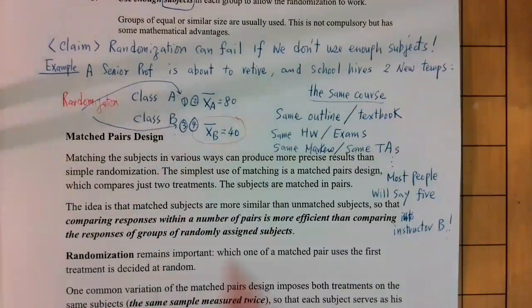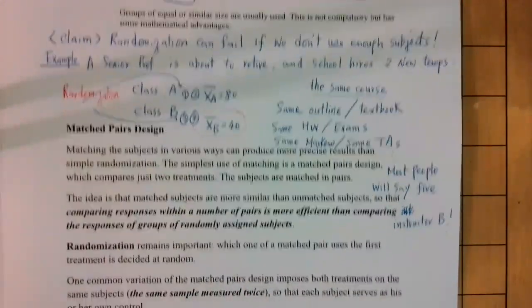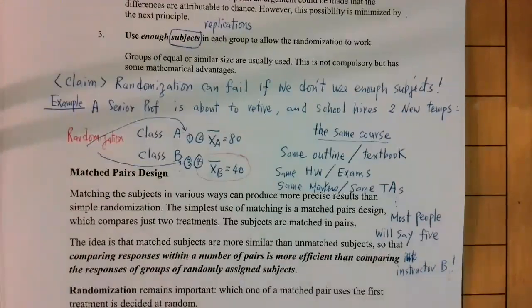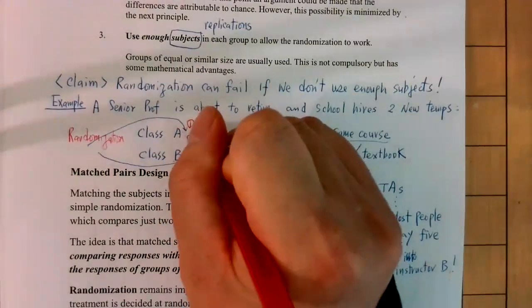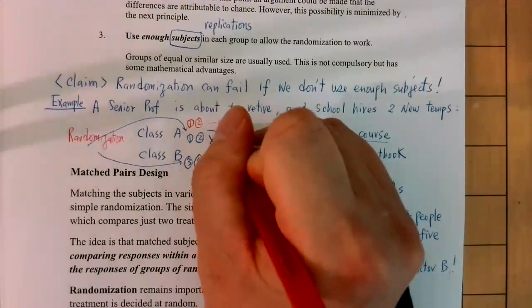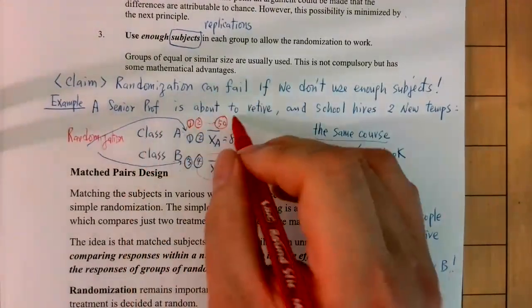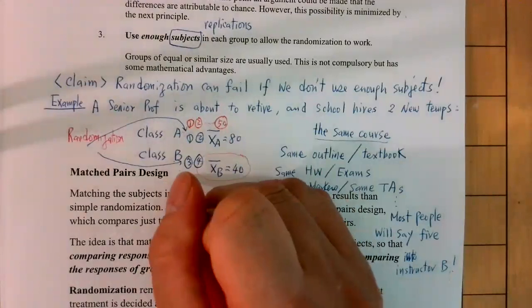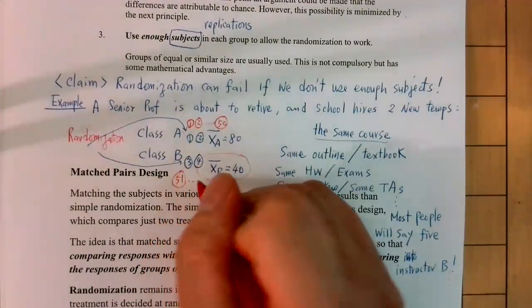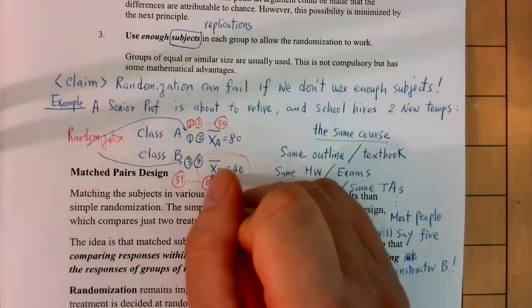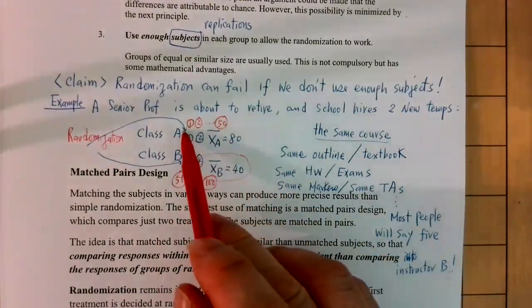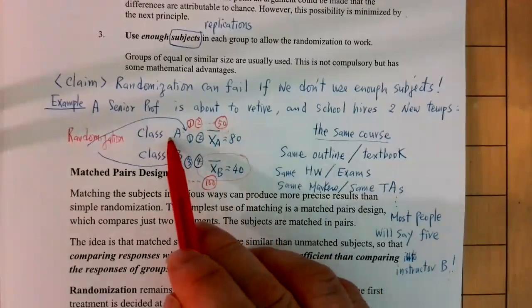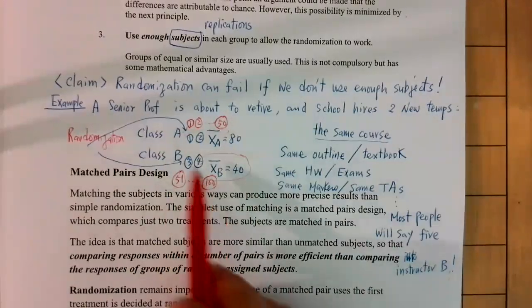Think about this. Imagine that if you use enough subjects, say you don't use just 4, you use 100. The first 50 randomly assigned into class A, and the rest, 50, assigned into class B, okay? If you have 100 subjects, not just 4, how likely is it that the best 50 go into class A and the worst 50 go into class B?